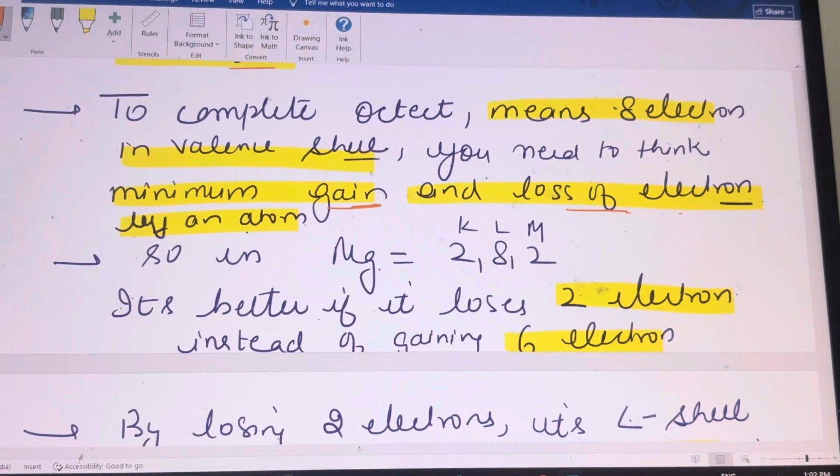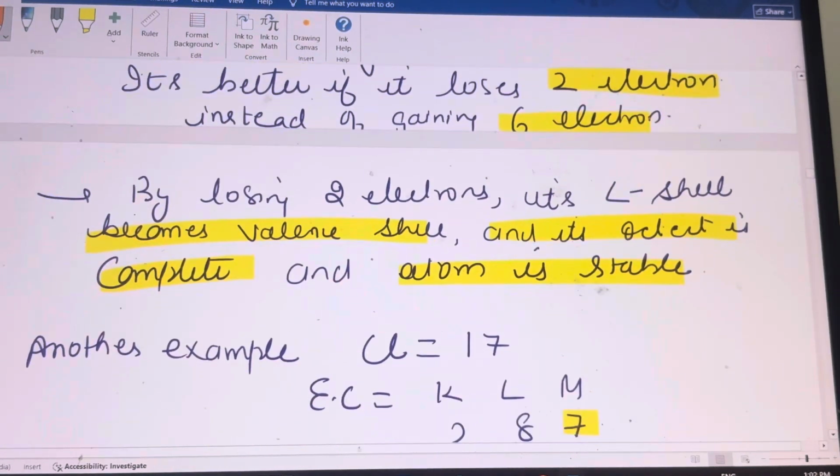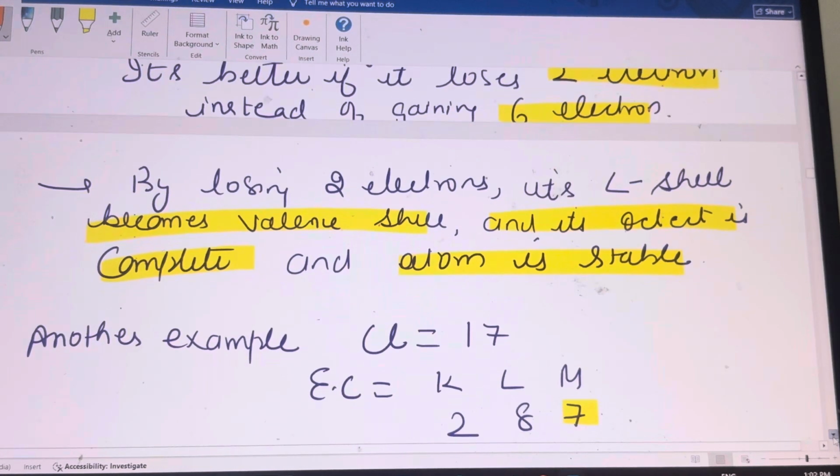In magnesium, with 282 electronic configuration, it is better for magnesium to lose 2 electrons instead of gaining 6 electrons to acquire stability by completing its octet in the L shell. If it loses 2 electrons, its L shell becomes the valence shell, its octet is complete and the atom is stable.